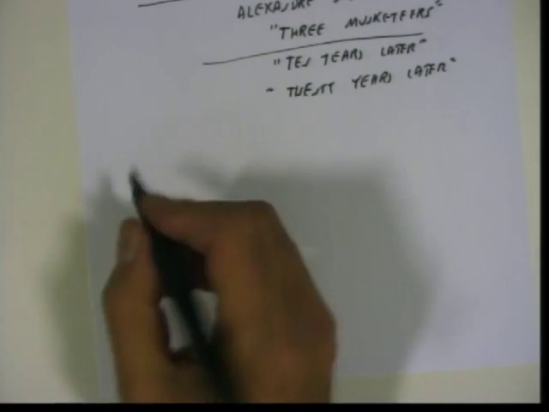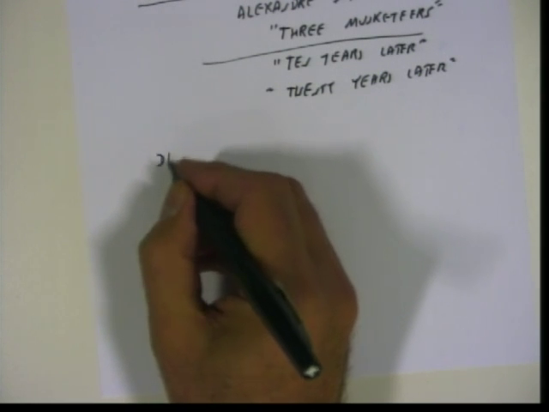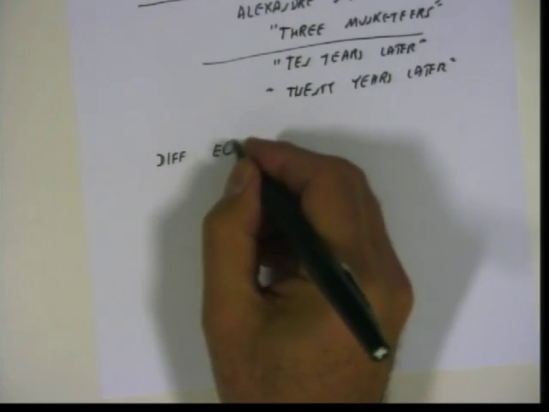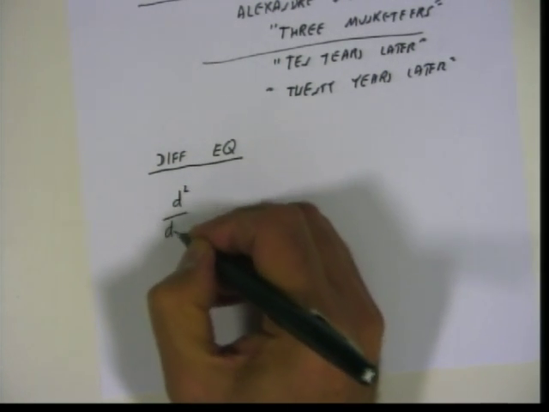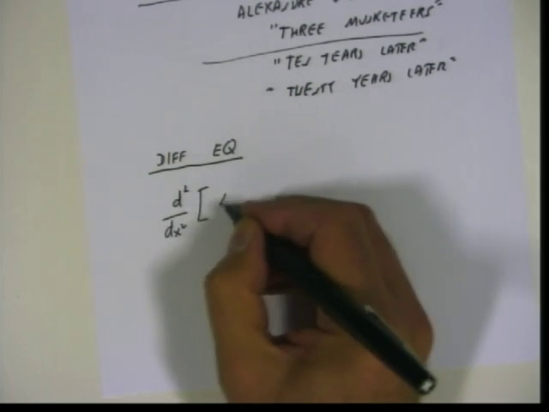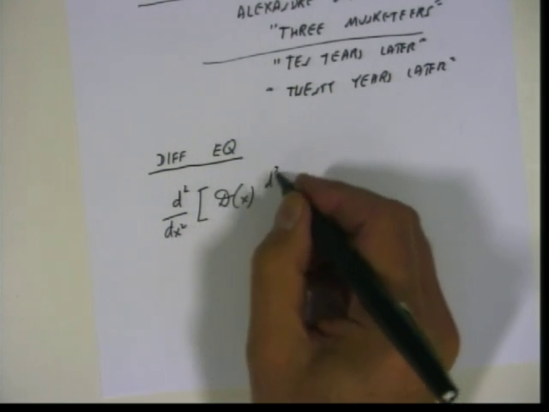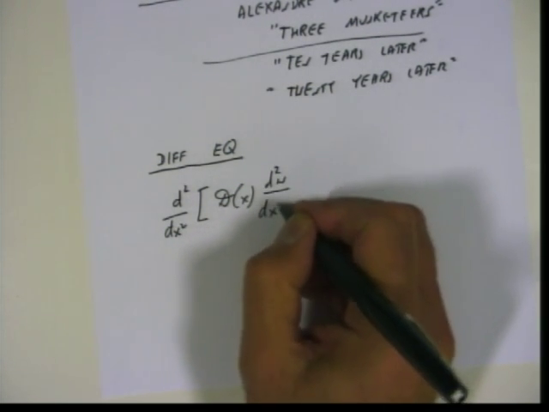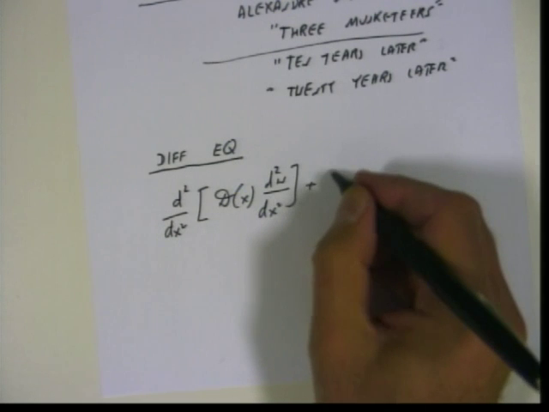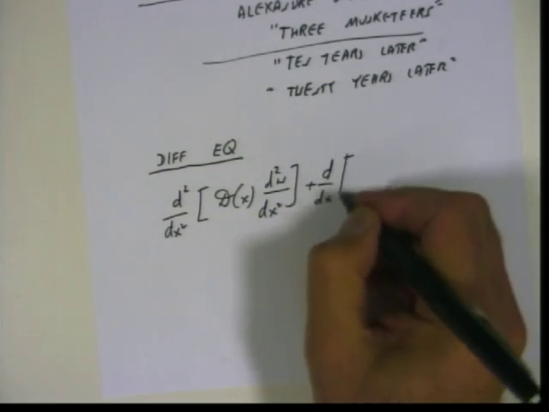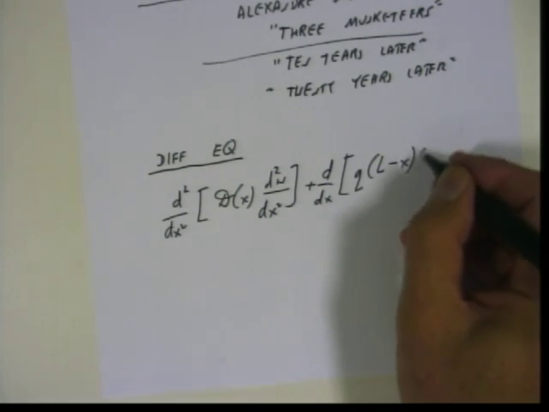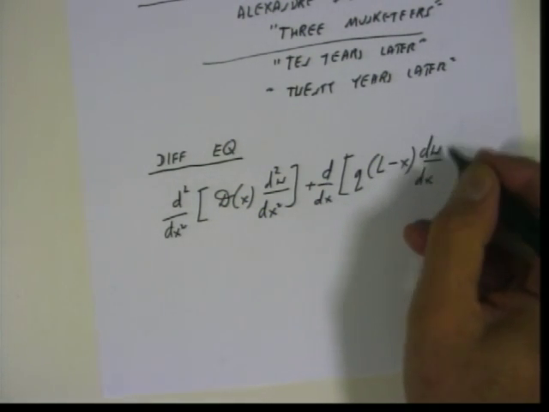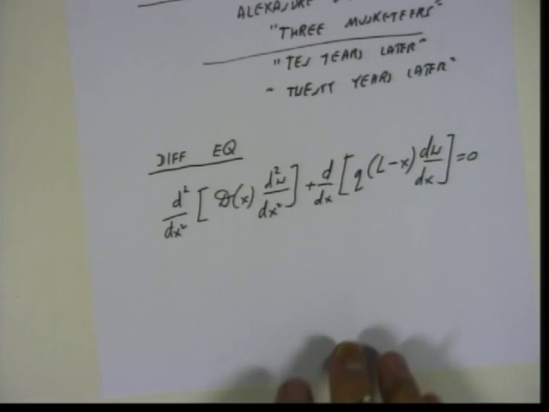Okay, so I will write down the differential equation. The differential equation will be d2/dx2 of (x) d2w/dx2 plus d/dx of q(L minus x) dw/dx equals 0.